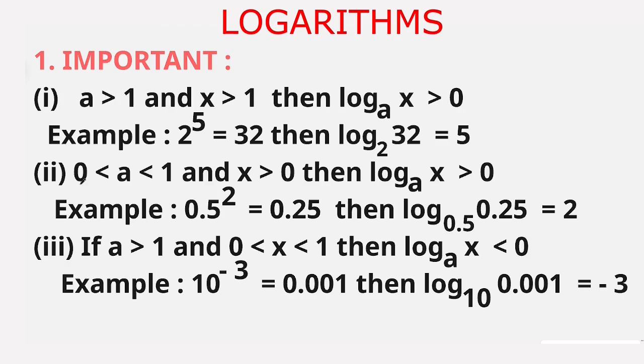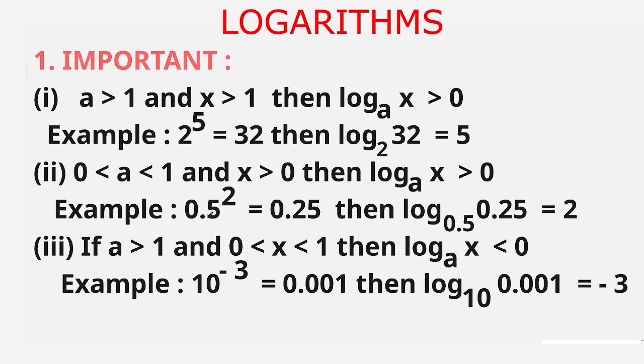Part 2. If a is in between 0 and 1, that is 0 is less than a is less than 1, and x is greater than 0, then log x base a is greater than 0. And the example is 0.5 raised to power 2 equals 0.25.